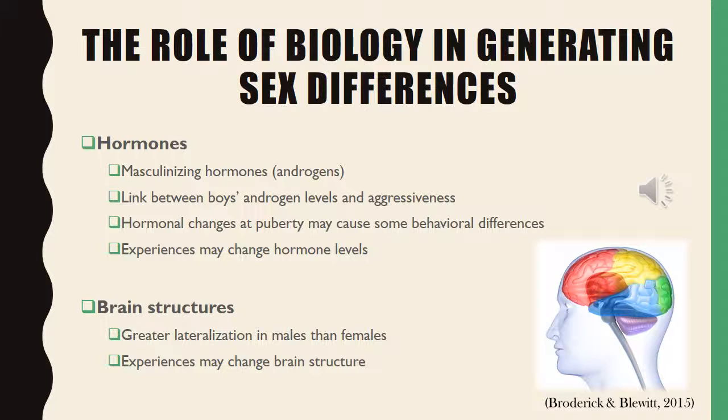And then at puberty there are hormonal changes and differences that really start to emerge. I like the example from the book here that depressive symptoms increase for both boys and girls after puberty. However, they increase more for girls.